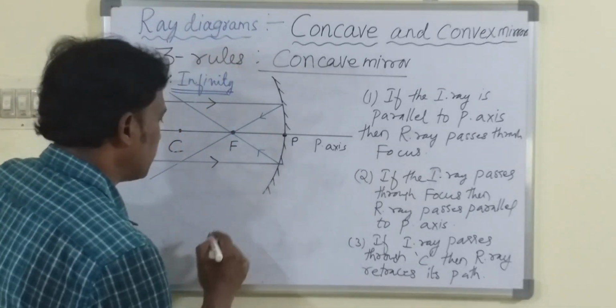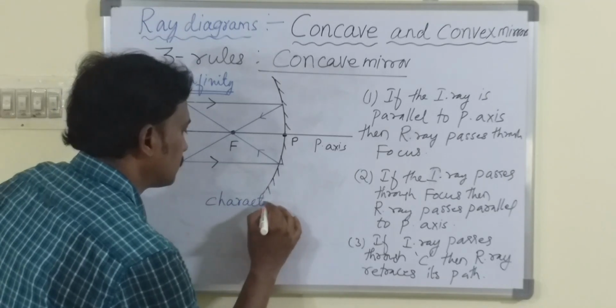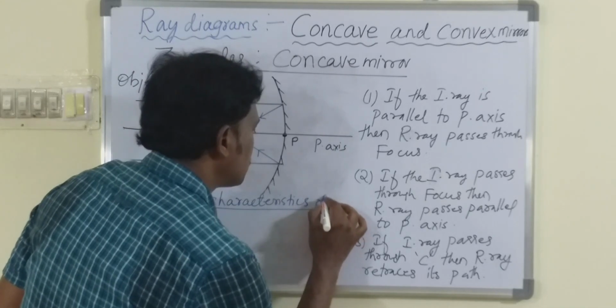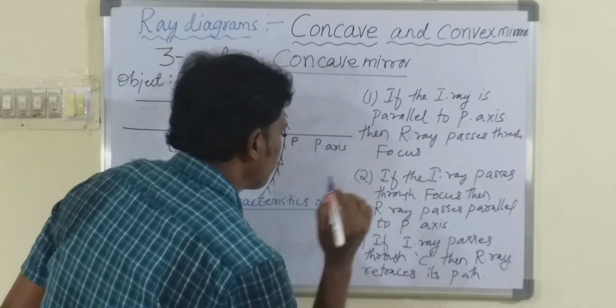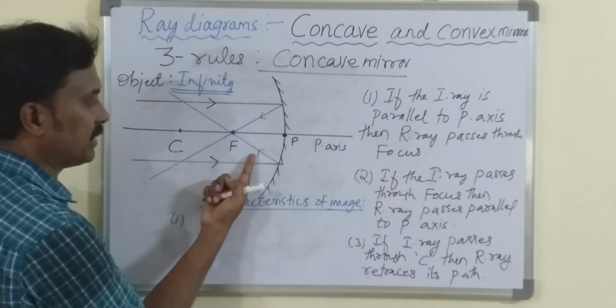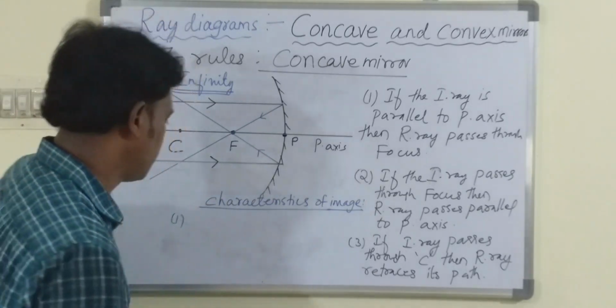Right. So let me write the characteristics here. The characteristics of image. The first is, as the reflected light rays are meeting, we are going to get a real image.